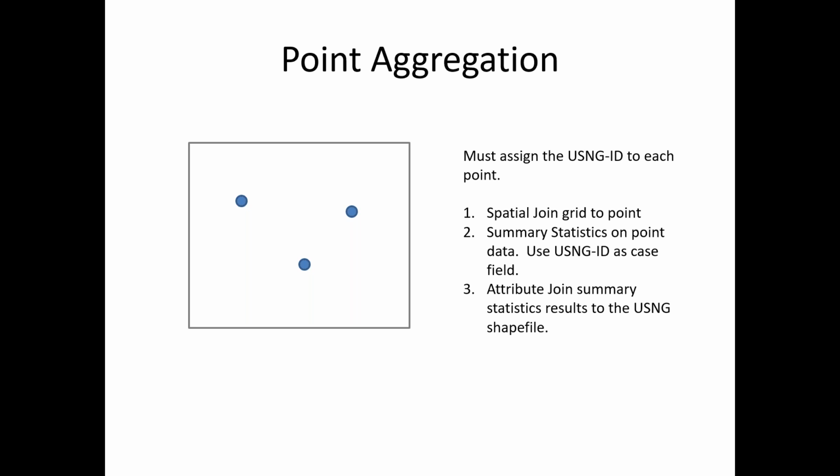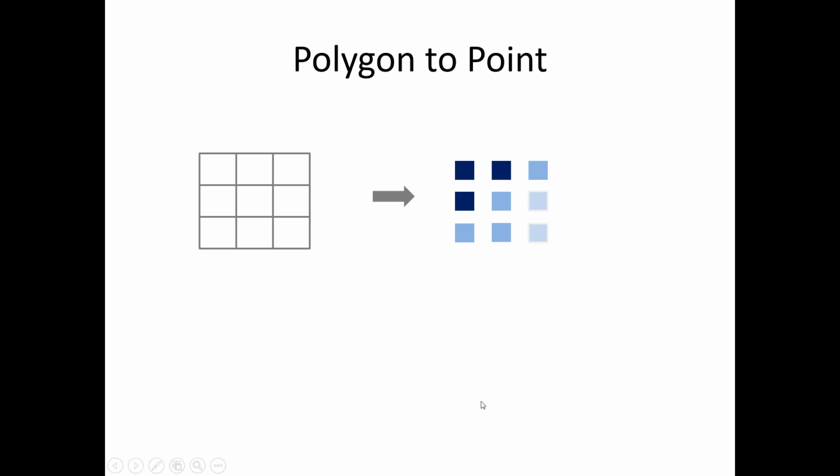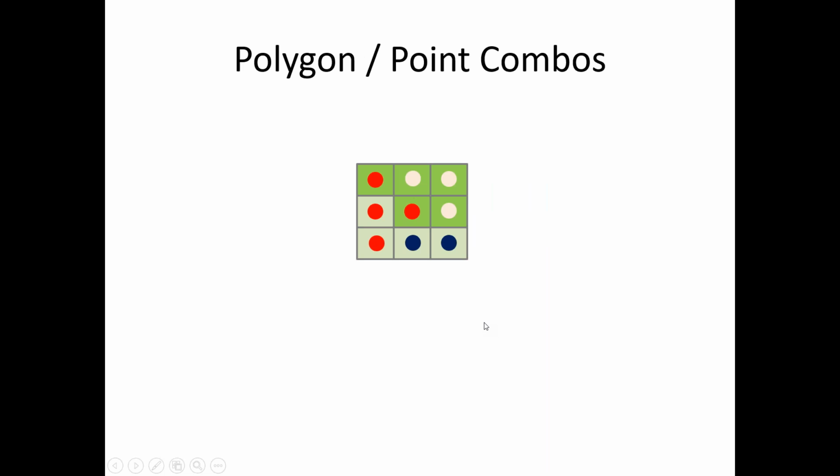What you will get there is a CSV file, and you can just join that back to your USNG shapefile. If you want to mix it up a bit and you're not so much into polygons, you can convert them to point. That's another option for visualizing. You can put two together. So anything that you can do with a polygon and a point, you can do with this method.